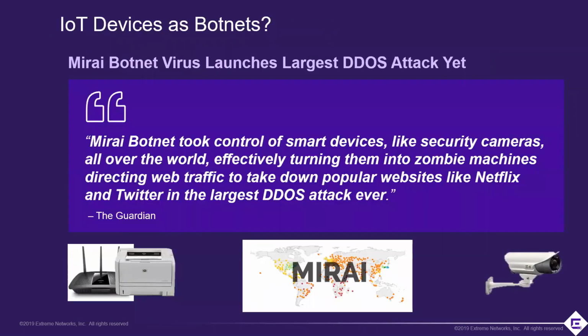Now, to take this home on a more serious note, the Mirai botnet launched probably what is the largest DDoS attack yet on the internet. And it took control of smart devices like security cameras all over the world, turning them into basically zombies. And then at that point, there was a particular point in time where a trigger was set and the DDoS attack was launched. And it took down popular websites like Netflix, Twitter, eBay.